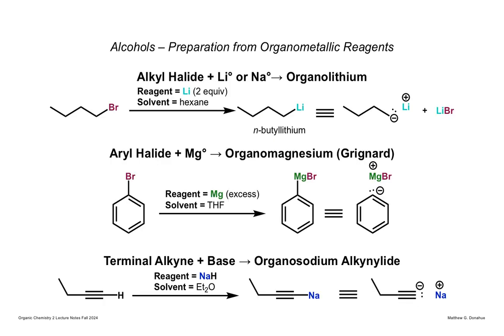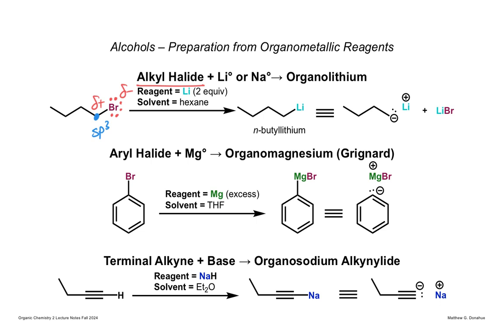So this is a one-slide summary of how you form them according to the hybridization you're starting with. With an alkyl halide, the carbon I'm highlighting in blue is sp3 hybridized. We know bromine has 3 lone pairs, so that's delta minus, and the carbon's delta plus.